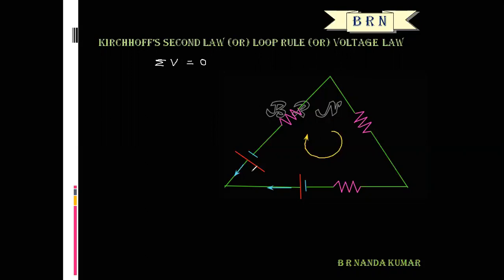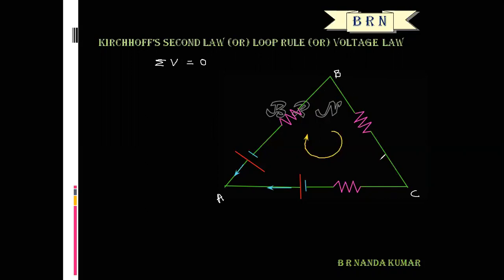So this is the given electrical network. Let us consider this one as A, B, C. So we have A, B, C, A.